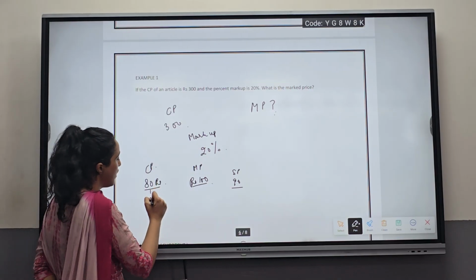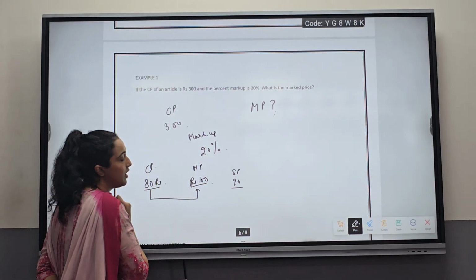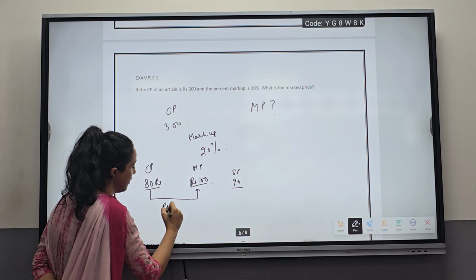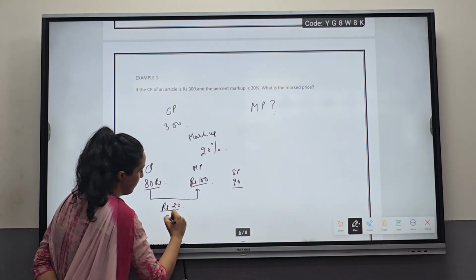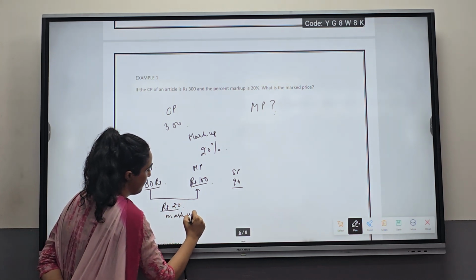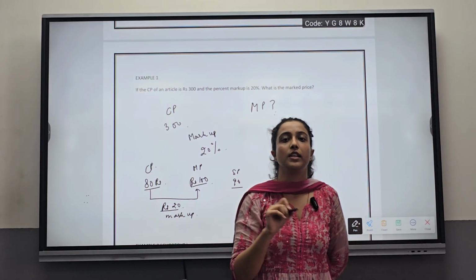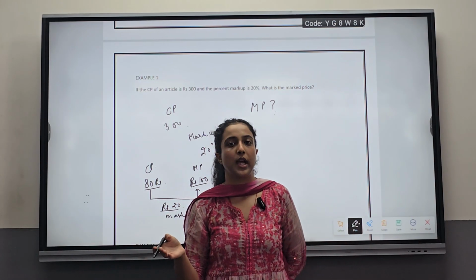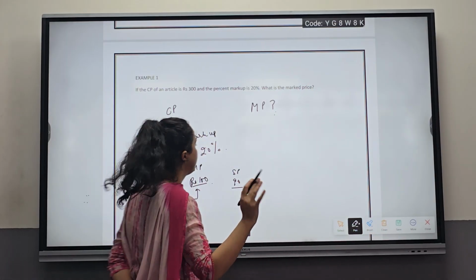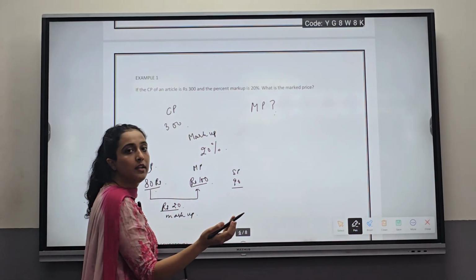So if your cost price is 80 and marked price is 100, you will say that rupees 20 was your markup. Okay, it is very simple. What you purchased it for, and the maximum price at which you are willing to sell, the difference between these two is your markup, right?